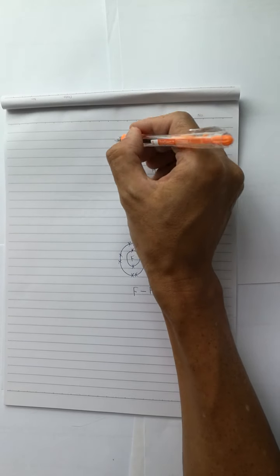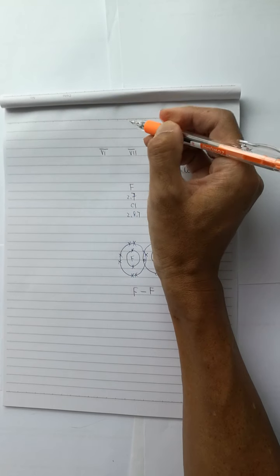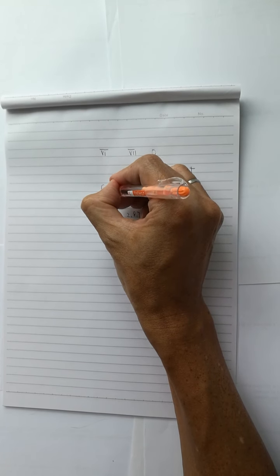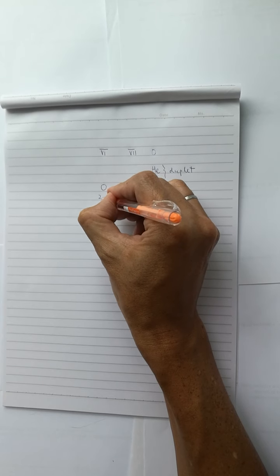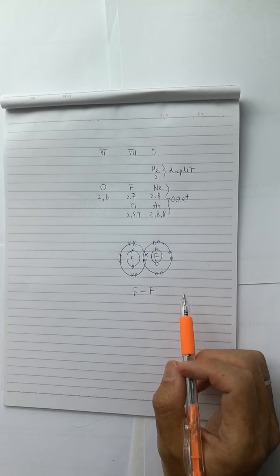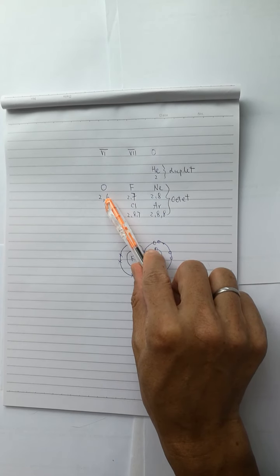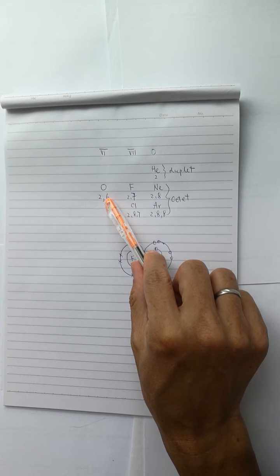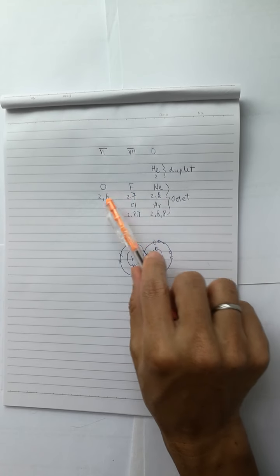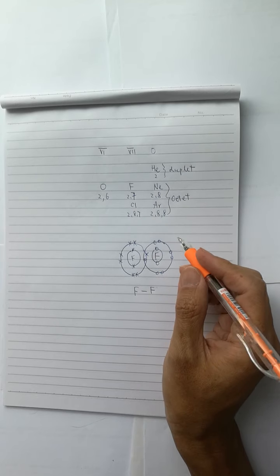And before the group 7, it is the group 6, oxygen. And there are 6 outermost shell electrons. And it has 2 electrons less to become octets.